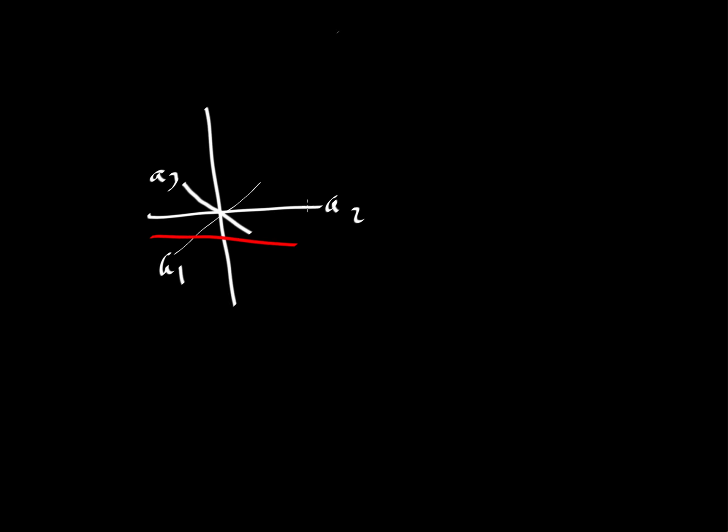Let's draw it from the top down as if we were looking down on the C-axis. So if we redraw that, then our axes would have an A2 here, and then an A1 here, and then an A3 here.